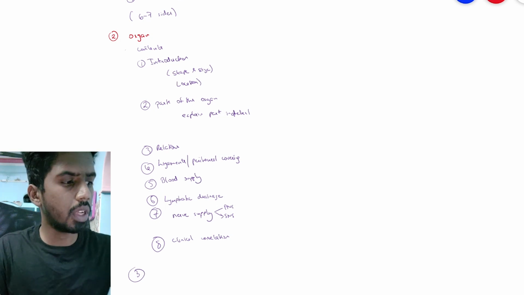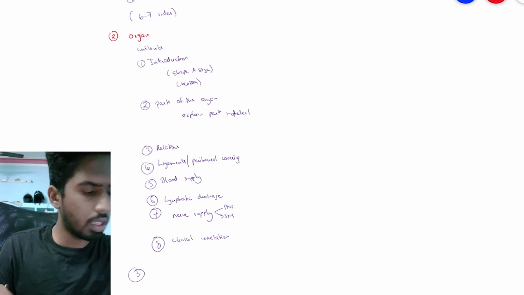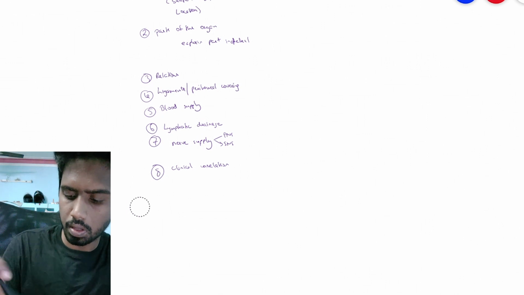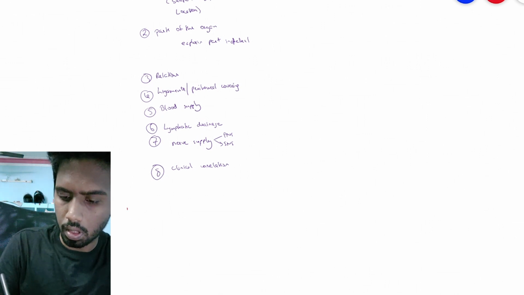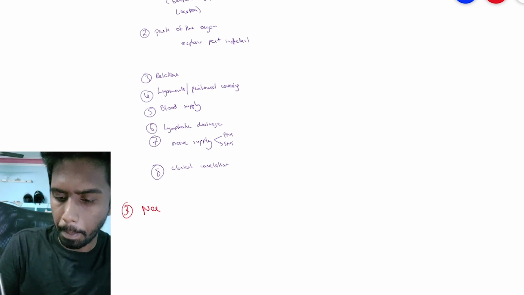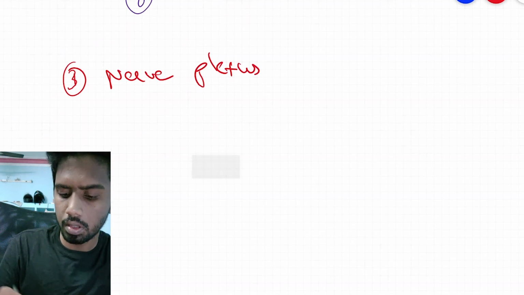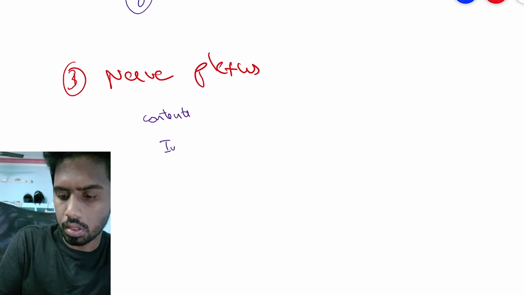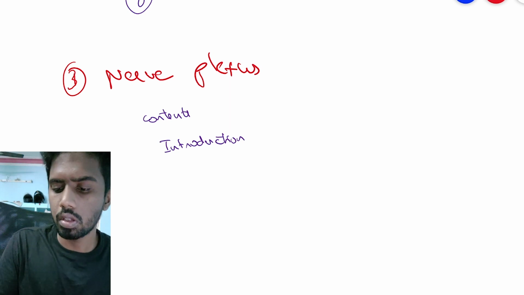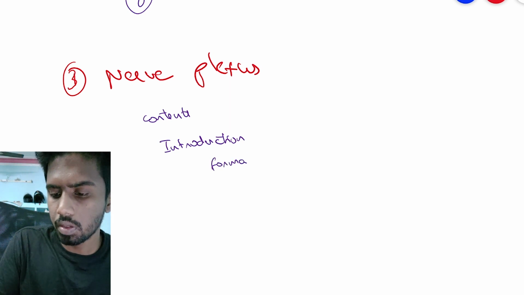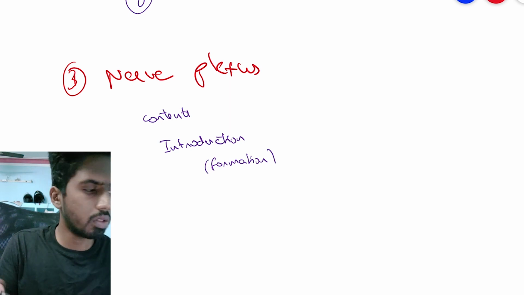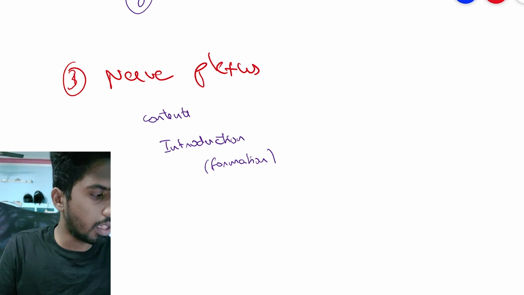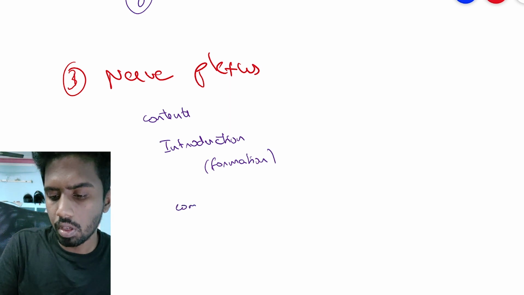For a nerve plexus, write the contents, then introduction, in which you need to write about the formation of the nerve plexus, from which roots of the spinal cord it is formed, and then the components of the nerve plexus.